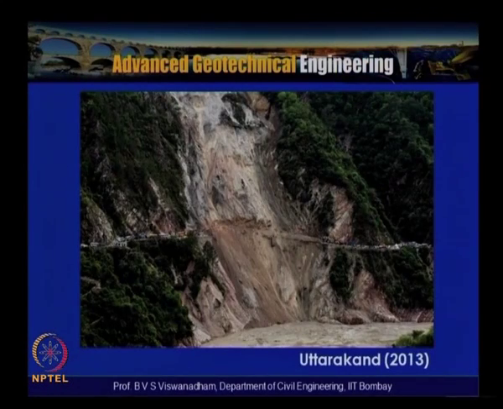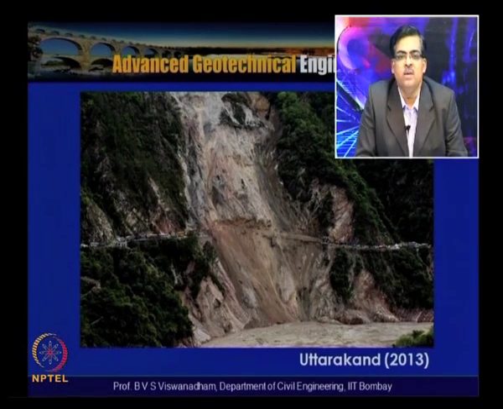So, this is the recent Uttarakhand 2013 slope instability failure which occurred. It can be seen in one of the stretches how the slope failure disrupted the transportation networks.